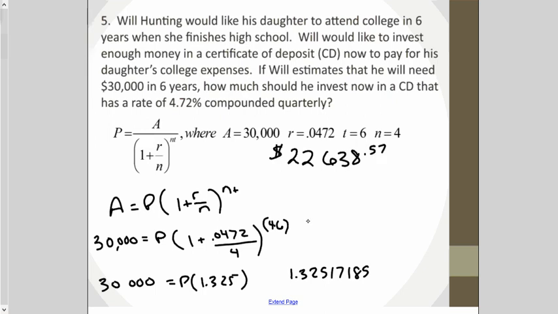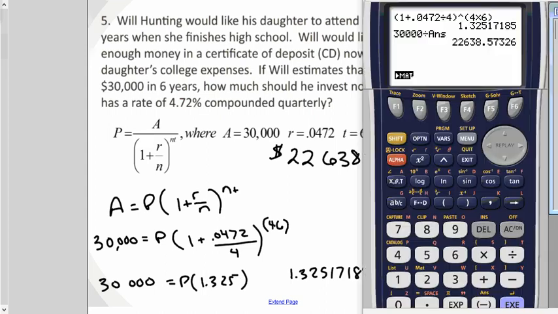$22,638.57. But let's just say for a minute that instead of using that whole big thing, your friend got lazy, and they called you up and said, hey, I can't get the right answer to this. It's just not working out. And you look at their work, and they just have 30,000 divided by 1.325.